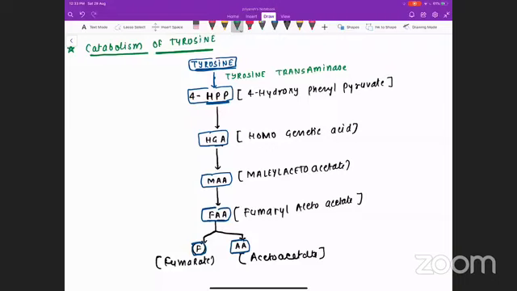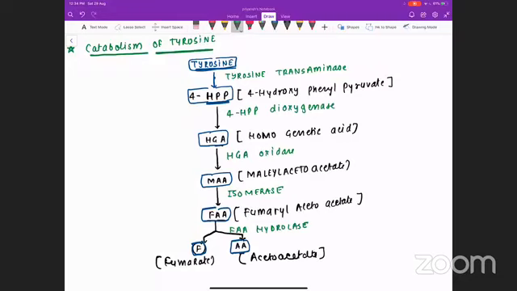Tyrosine transaminase, 4-HPP dioxygenase, HGA oxidase, isomerase, and FA hydrolase. So these are the 5 enzymes that we are going to use in this tyrosine catabolism.